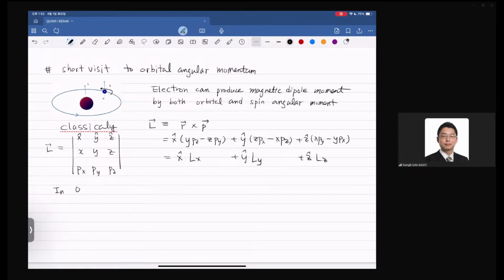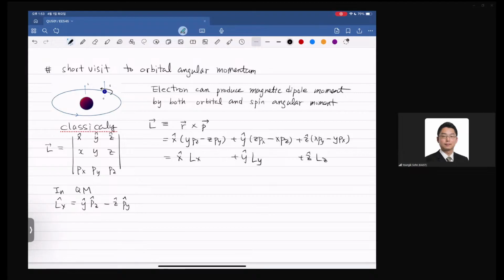So in quantum mechanics, you already know these x, y, z operators and px, py, pz operators, right? So you can plug in and see if it works. So in quantum mechanics, Lx is y pz minus z py.